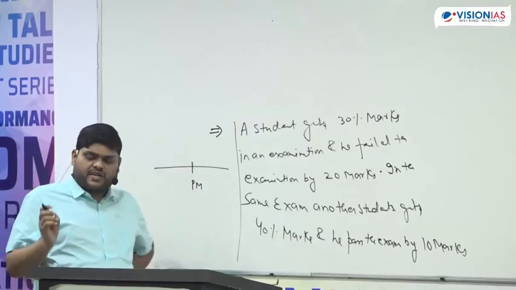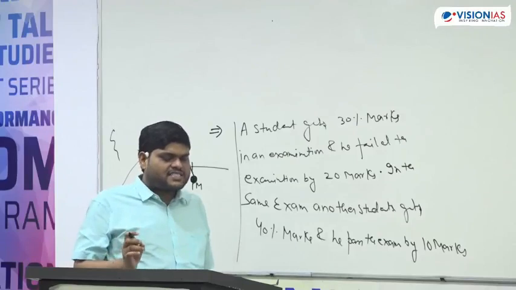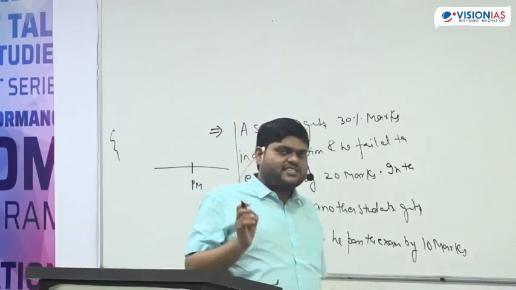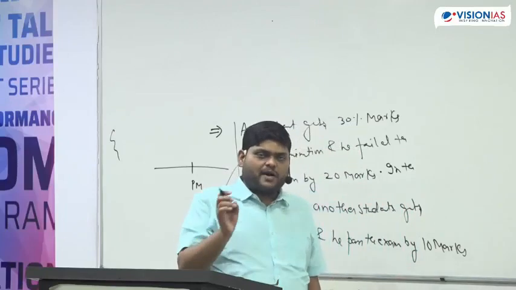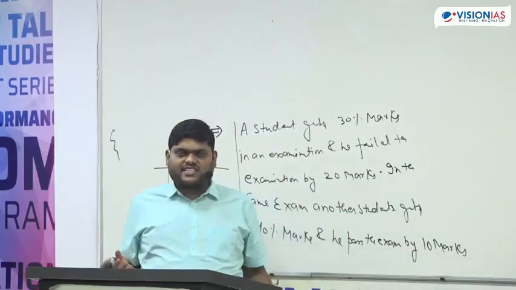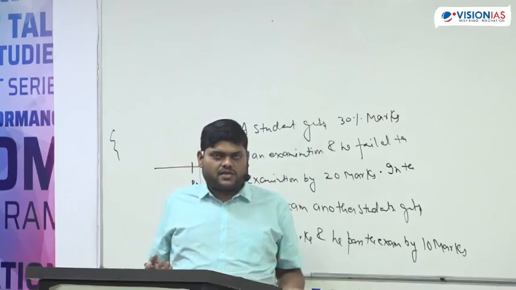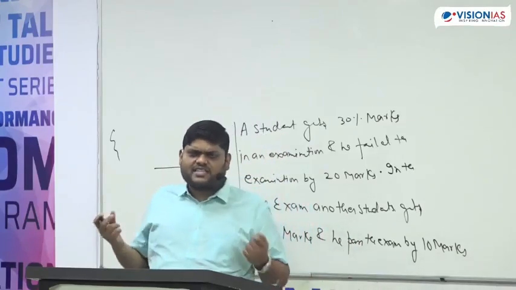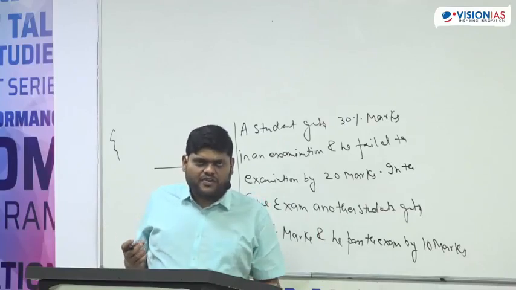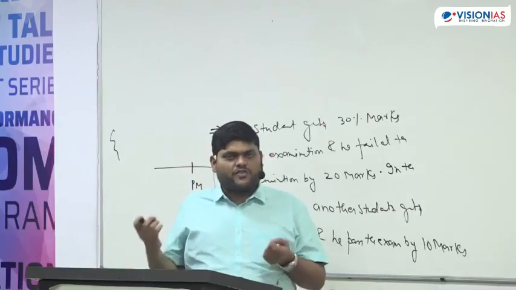Now we have to interpret the statement. Always understand, every subject has its own language, and if you interpret that language, you are able to find the answer. For example, history has its own language: what is the meaning of colonial era? Geography has its own language: what is the meaning of insolation?